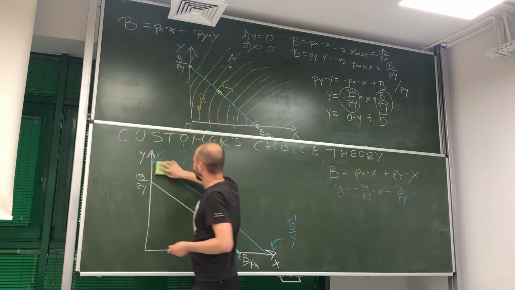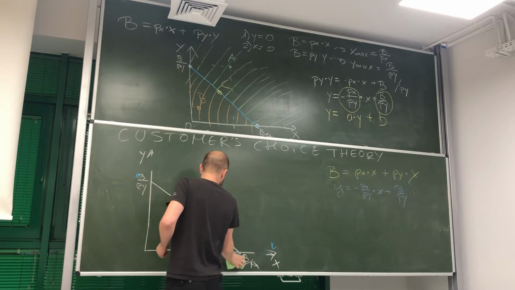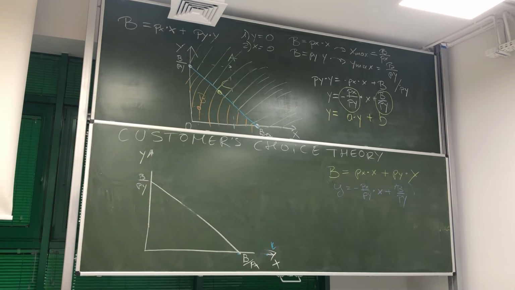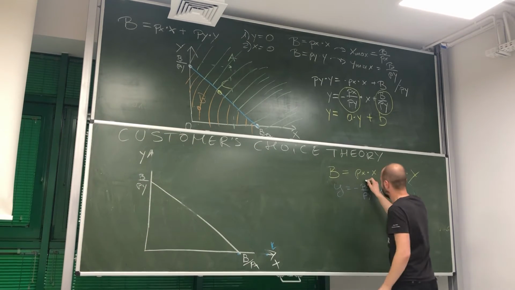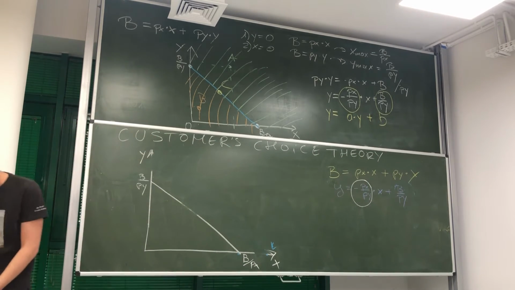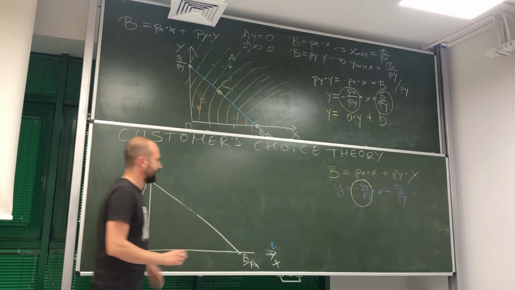However, look, here what matters the most is relative price. Relative price means the ratio of these two prices. Look, the slope of the budget constraint is plainly given as the negative of the ratio of the two prices.